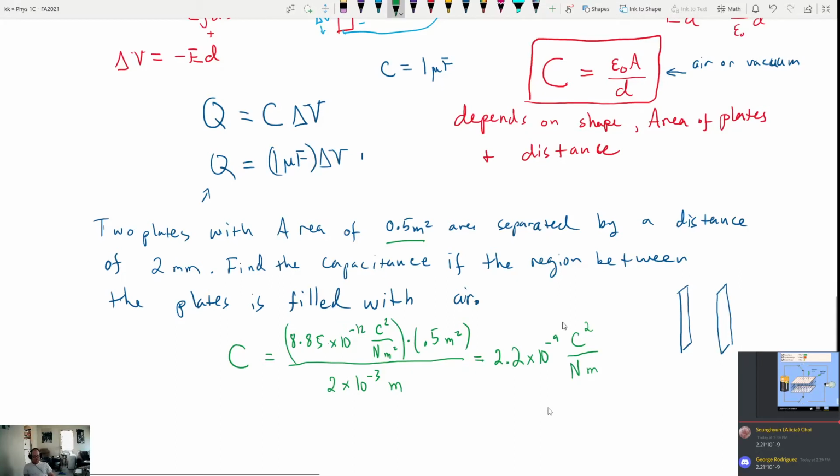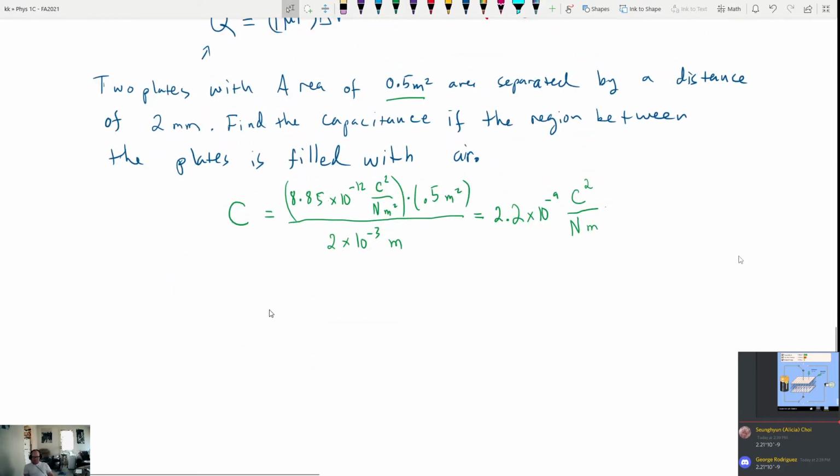The way we can do that is to go through steps where we replace things one at a time. Let's just look at the units. So instead of placing an equal sign right here, let's just look at the units themselves. So what do we have? Coulombs squared over Newton meter would be the same thing as coulombs divided by a Newton times a meter.